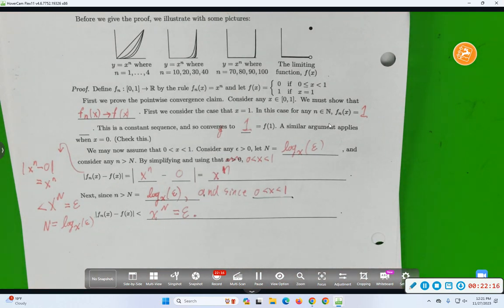Neato. Point out somewhere in here that x being smaller than 1 is important for the implication.